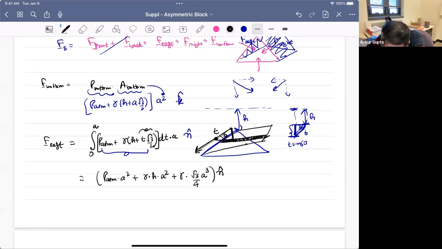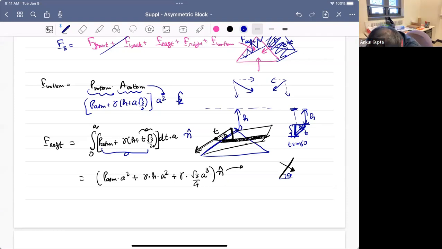Now, what is this n cap? To think of this n cap, remember that the pressure is pushing. That's very important to understand. And so this angle is theta. This is a small fact that I've never forgotten, which I learned way back in my undergrad: if a line makes an angle theta with the horizontal, the normal to it makes an angle theta with the vertical.